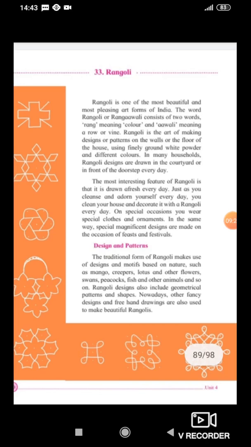Next, swans, peacocks, fish, and other animals, and so on. So Rangoli is drawn in different shapes, in different patterns of flowers, birds, etc., and even geometrical patterns and shapes. And nowadays fancy designs and freehand drawings are also used to make beautiful rangoli.